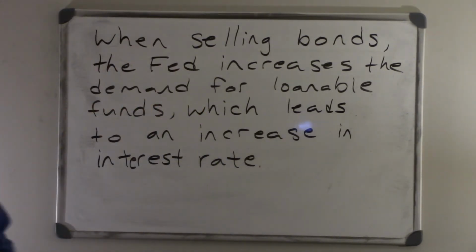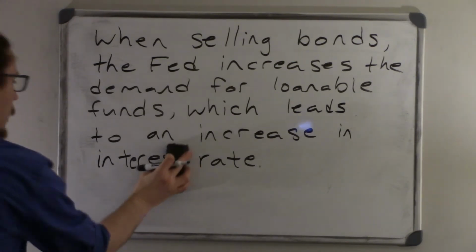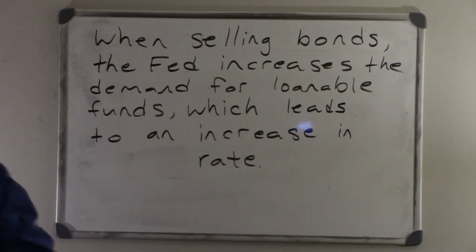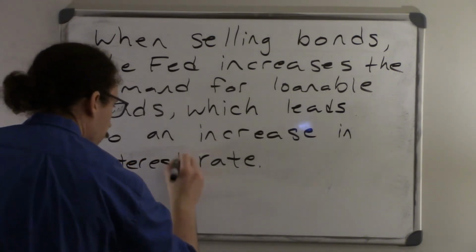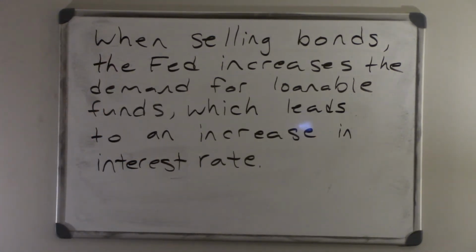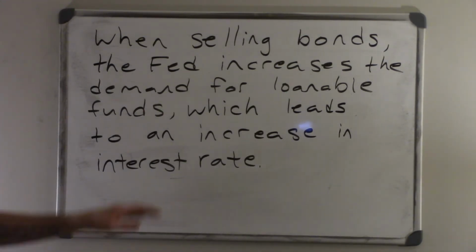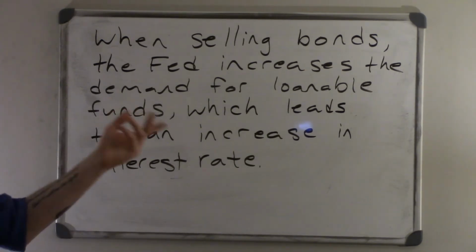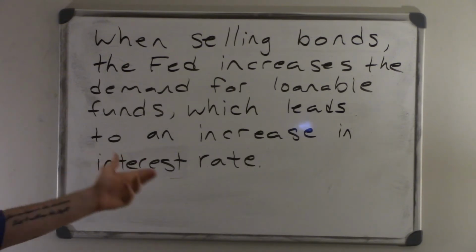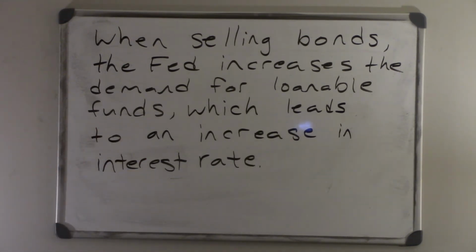All right, and as we already mentioned, the price of a loan, the price of loanable funds, is the interest rate. So an increase in demand is going to lead to an increase in price. Price of loanable funds is the interest rate. So when the Fed sells bonds, they increase the demand, and the price or the interest rate increases.